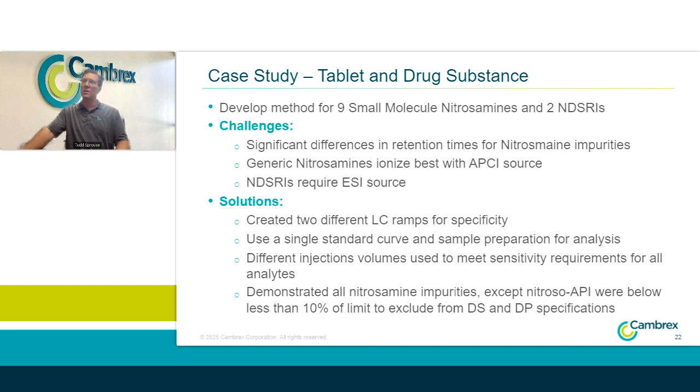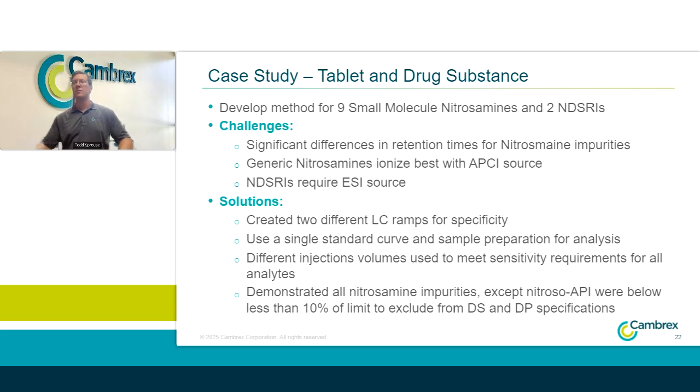And so now we have 2 sets of molecules that need 2 different instrument conditions. And so we did need to create 2 different LC ramps for the specificity, one for the nitrosamine impurities and one for the NDSRIs.